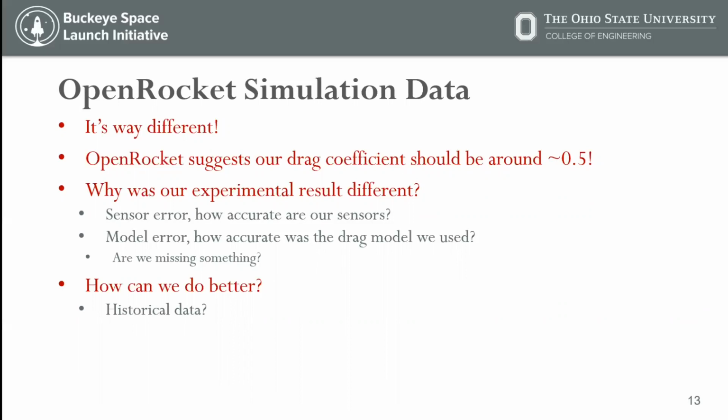If you go in and look at the numerical values of the data instead of just the plots, you could potentially find sensor saturation. If your sensors can only read 5 meters per second squared of acceleration and you're hitting 18, obviously you're not going to be able to capture that 18 in your sensor data.